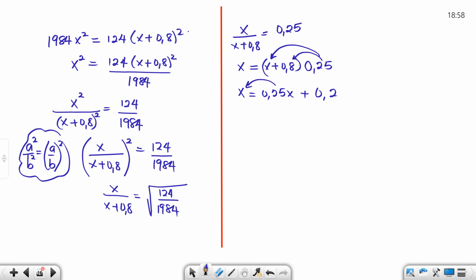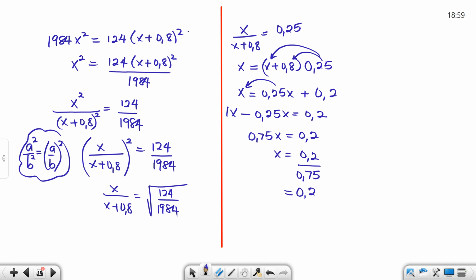Now, can we move this over here? It's going to be x minus 0.25x equals 0.2. Now, this is 1x minus 0.25x, which will give us 0.75x equals 0.2. What is x? 0.2 divided by 0.75. What's your answer? 0.27 meters. Well done. Lovely.